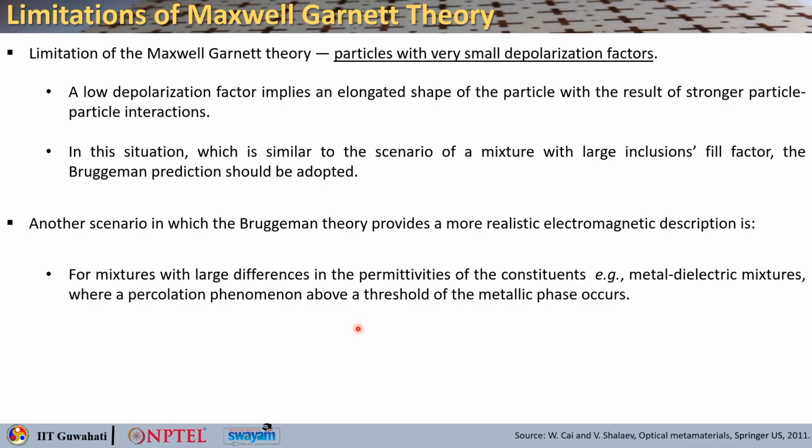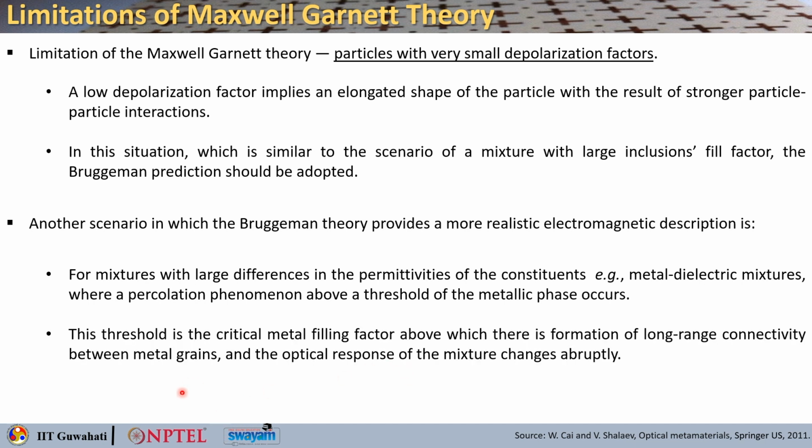So, these are the two cases where you will see that Bruggeman theory produces a much closer response as compared to Maxwell-Garnett theory. Now, this threshold is the critical metal filling factor, above which the formation of long range connectivity between the metallic grains takes place and the optical response of the mixture can change abruptly. So, there is a limit between which this kind of theory will be valid, right.